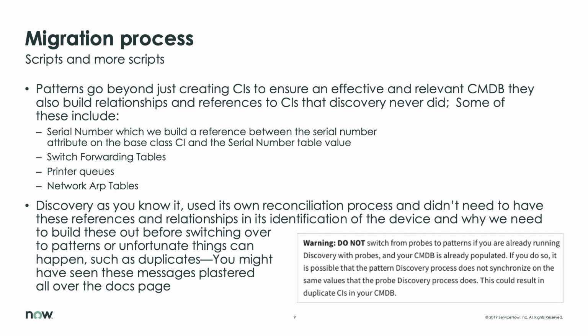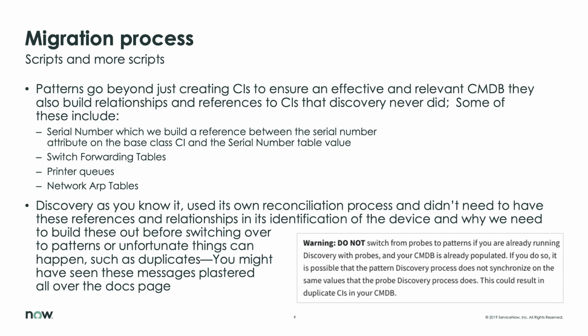In probe and sensor days, we would find a serial number, create the serial number, reference it to a computer, and be done with it. Now the pattern, when it builds references and relationships, actually looks for those relationships inside the IRE. So you want to be sure that those are built and identified, which helps give you a really solid CMDB.